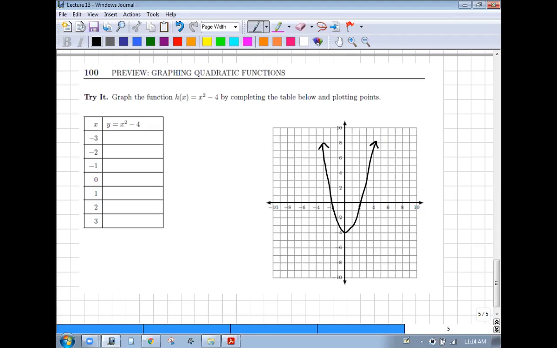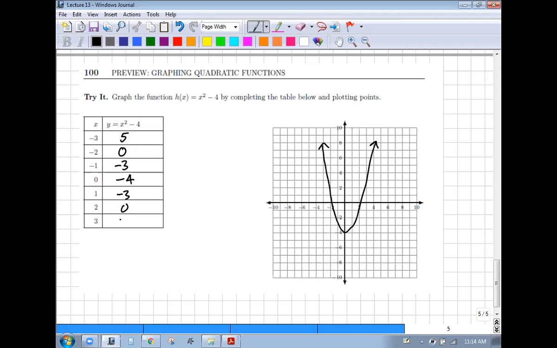That's what it's gonna look like. And we can see that if we just do the plug and play, by inserting numbers and seeing what comes out. Let's see, if we take -3 and square it, we get 9 minus 4 would be 5. Write that 5 again. -2 squared is 4 minus 4 is 0. -1 squared is 1 minus 4 is a -3. 0 squared minus 4. 1 squared is 1 minus 4.